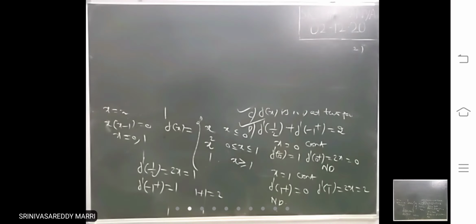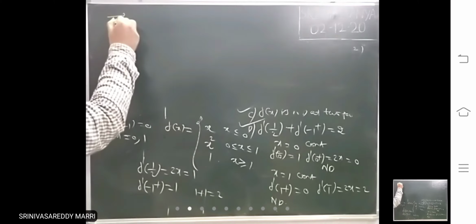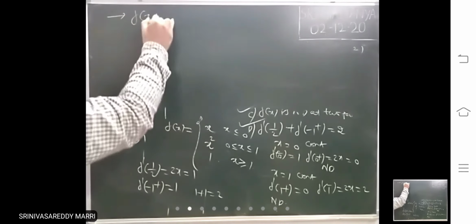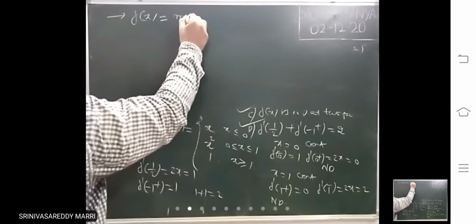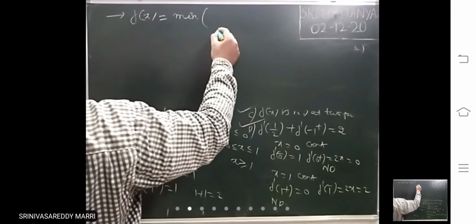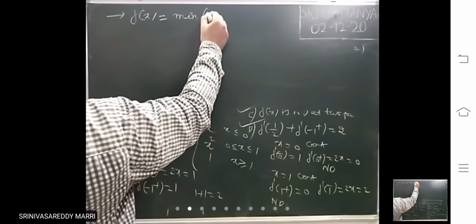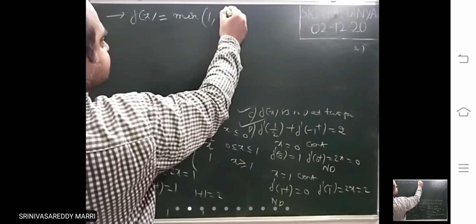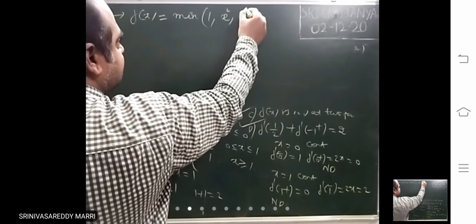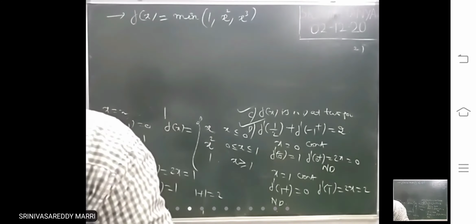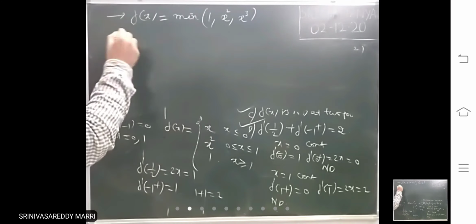Suppose the function is given like this: f of x equal to minimum of 1, x square, x cube. This is given.